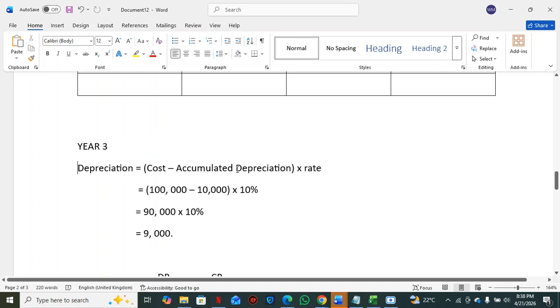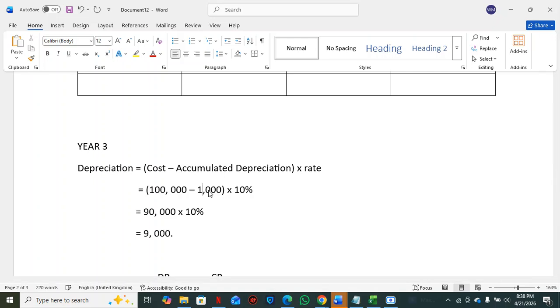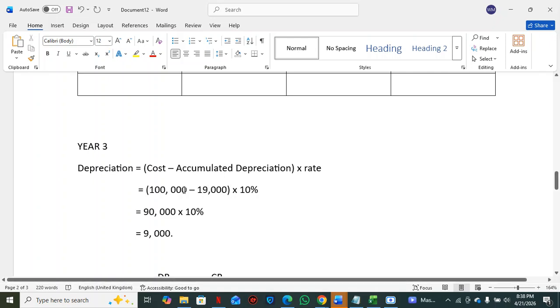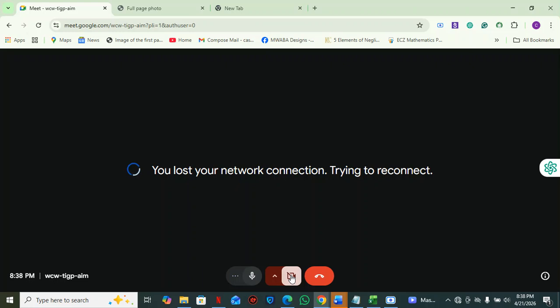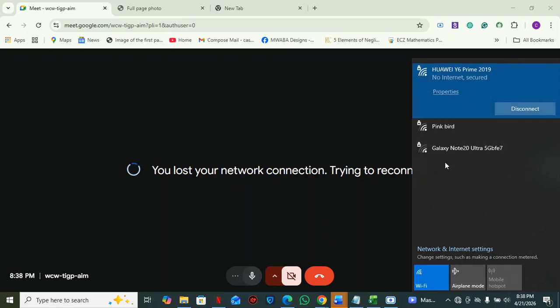So you're going to say cost minus accumulated depreciation. So 100,000 minus 19,000. That is 81,000. 10% of 81,000 is 8,100.